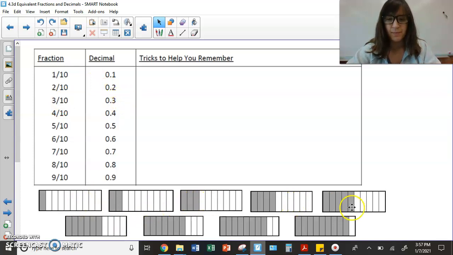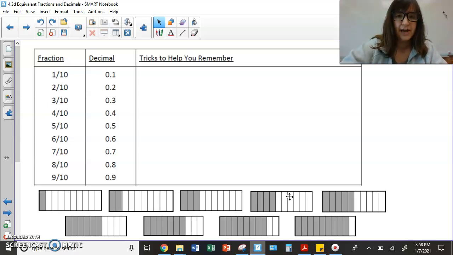These bars down here show 1/10, 2/10, 3/10, 4/10, 5/10, and so on. These can be represented using both fractions and decimals. Fractions and decimals both show parts that are smaller than 1, so they can be used interchangeably to represent a value that's smaller than 1.